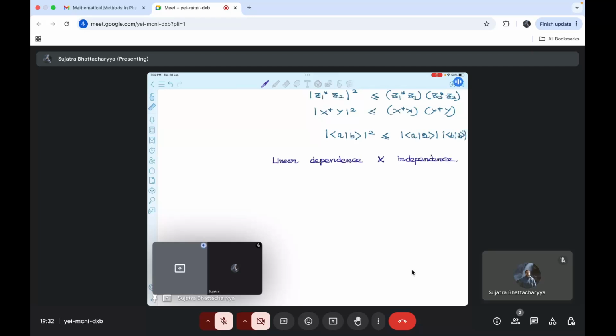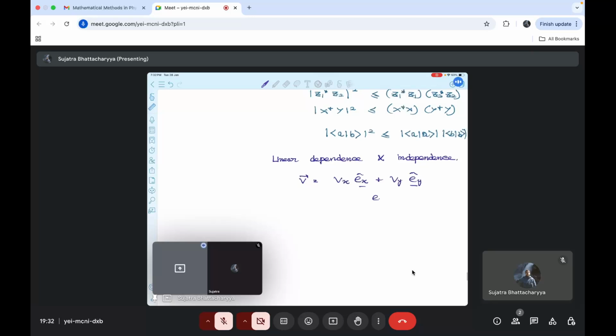Okay, so suppose you have a vector v which has vx x hat and vy y hat as components, and x hat and y hat are mutually orthogonal. This is what generally we do, the i cap, j cap, and something like that.